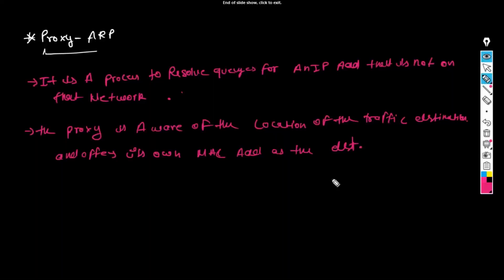First of all, let's say I want to communicate. These are the IP addresses, correct? Let's say I want to communicate from 10.1 to 40.1, right or wrong? Okay, from 10.1 to 40.1.